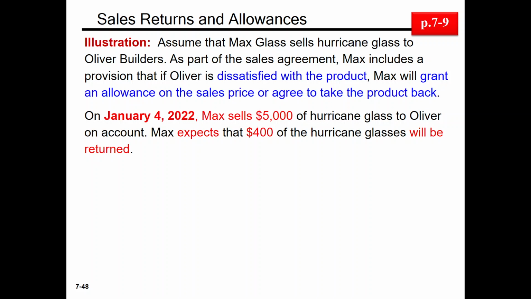So what happened on January 4th, 2022? Your company sells $5,000 of product to customers on account. So they didn't pay the money, right? But at that moment, when you sell the products to customers, we have to consider not only the fixed amount, right?